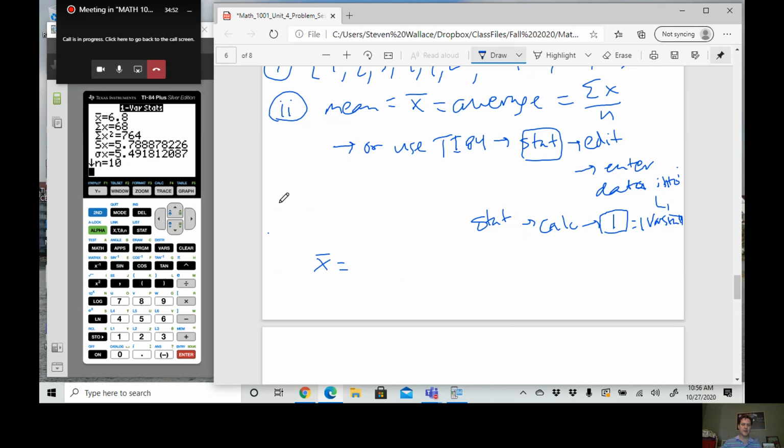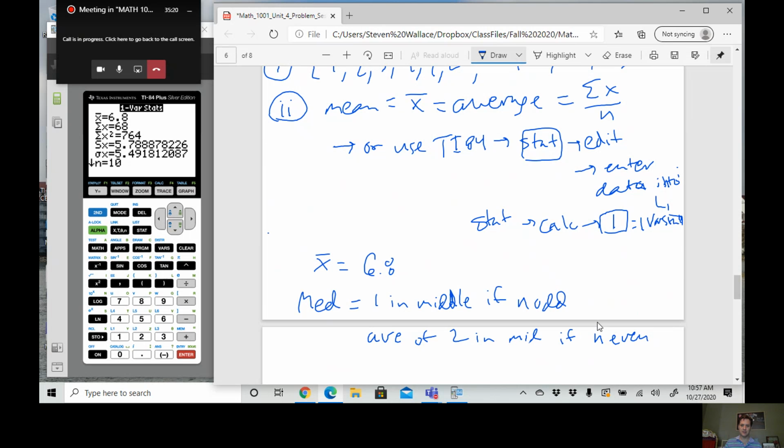The calculator will also find the median for you. Median is the one in the middle if you have an odd number of data values, or the average of the 2 in the middle if n is even, right?